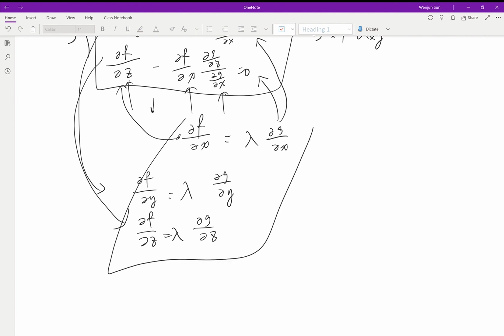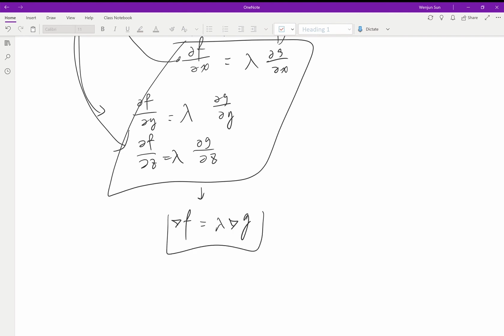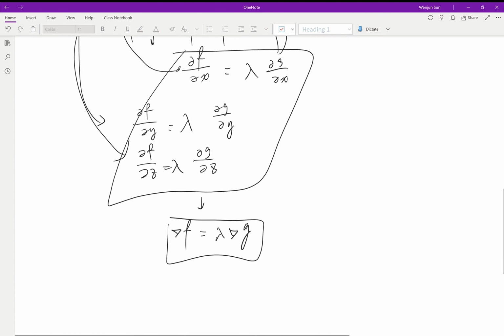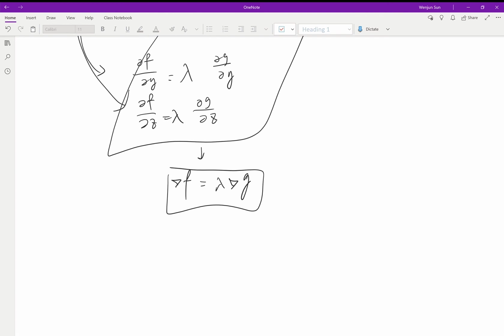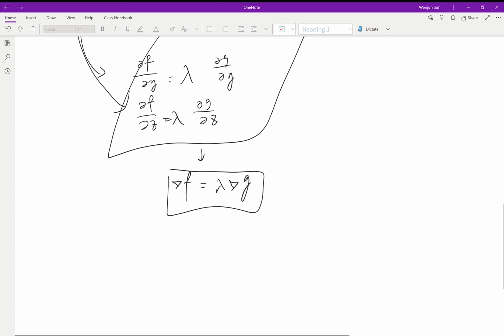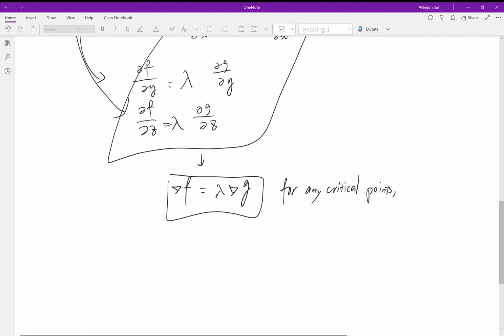Now we combine these three things. We get gradient of f equals lambda times the gradient of g, right? Now this is our final conclusion. The conclusion is, sorry, that for any critical point, which means they have the chance to be the global minimum or global maximum in this case of constrained optimization, they must satisfy this condition.